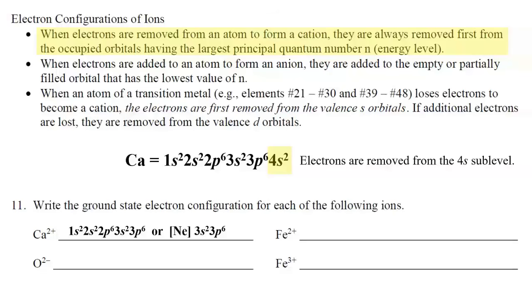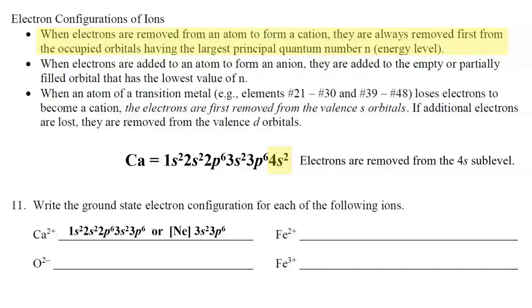There always needs to be some indication of the energy level of the electrons, like where they're located. So if you abbreviate this 18-electron configuration, you have to write neon in brackets, which takes care of the first 10 electrons, followed by the outer shell, energy level 3, 3s2, 3p6.